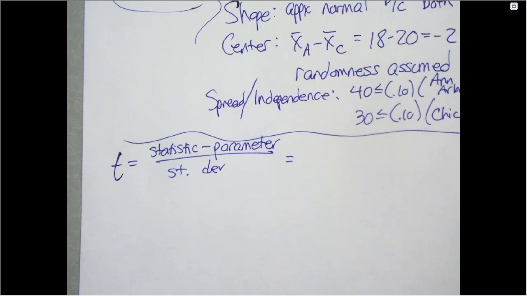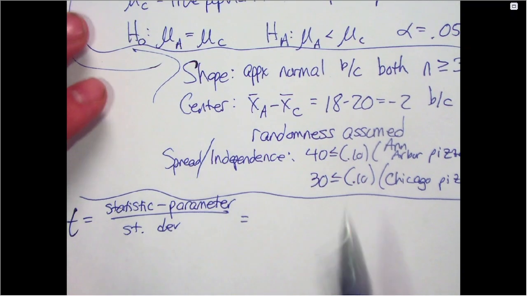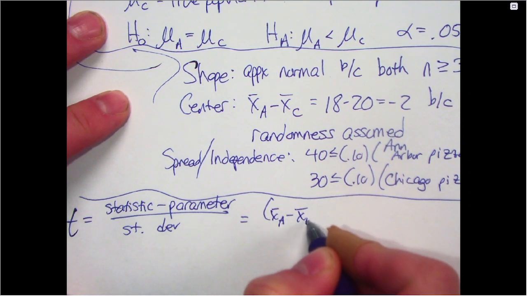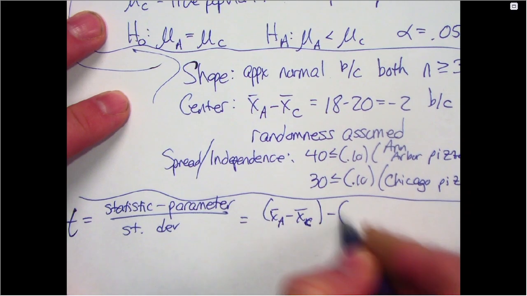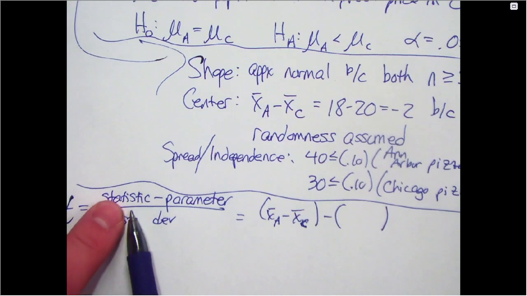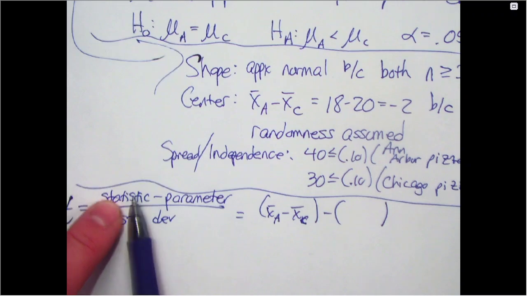So when we're comparing, we're subtracting. If I'm subtracting the statistics, that's going to be the order I set up here. So it's x bar A minus x bar C. That's the difference in my sample.